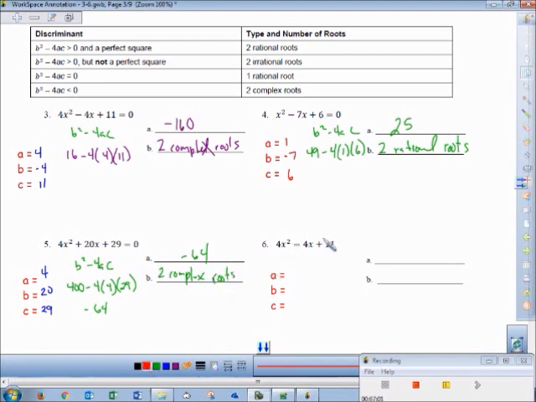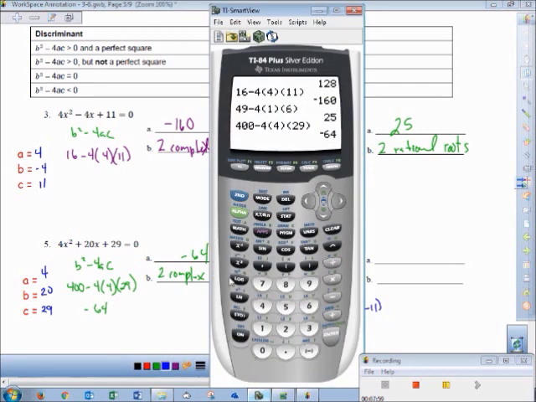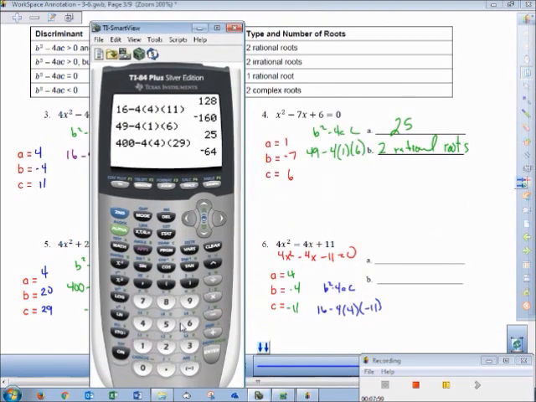And then the last one here, we got to get it equal to 0. So that'd be 4x squared minus 4x minus 11 equals 0. A is 4, B is negative 4, C is negative 11, and so we get B squared minus 4 times A times C, 16 minus 4 times 4 times negative 11.